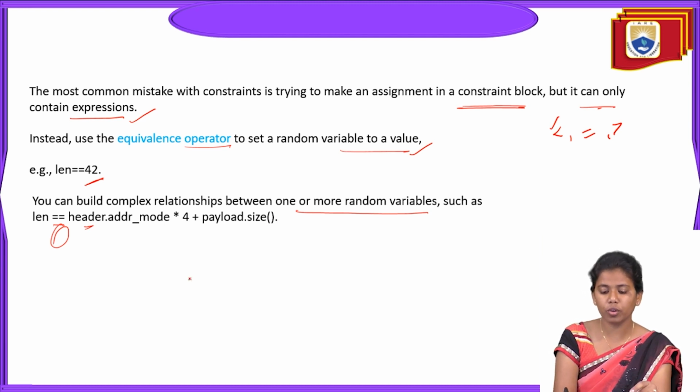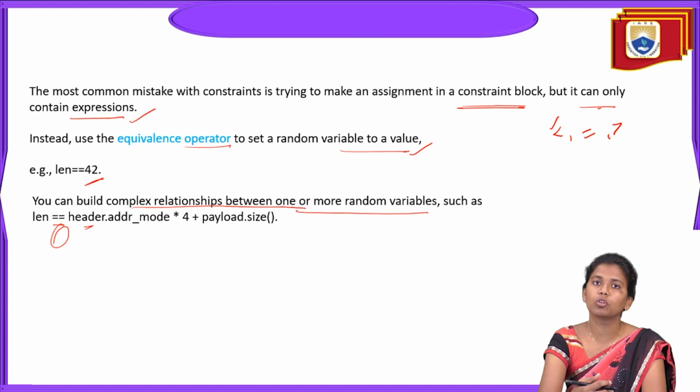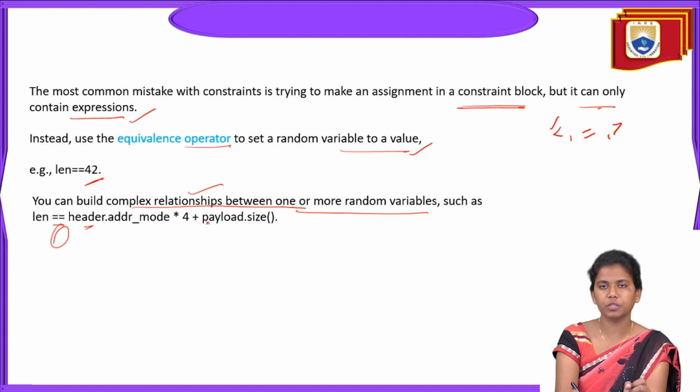So here you can observe complex relationships between one or more random variables. We can build not only a simple one using one relational operator or one equivalence operator, but also complex relationships as well.